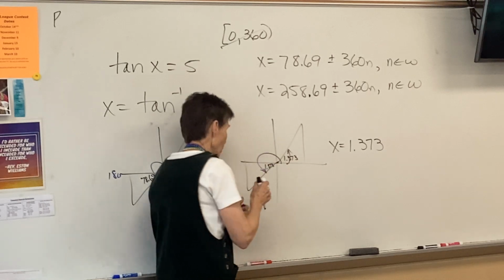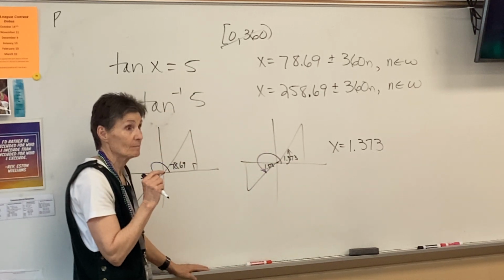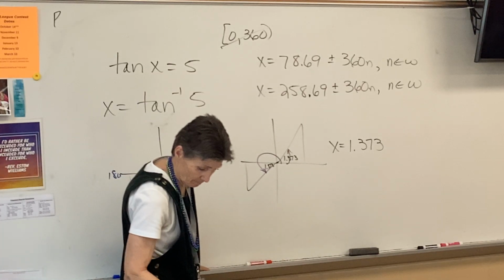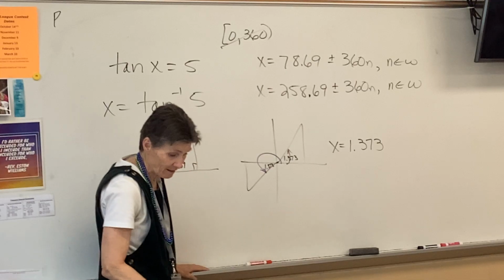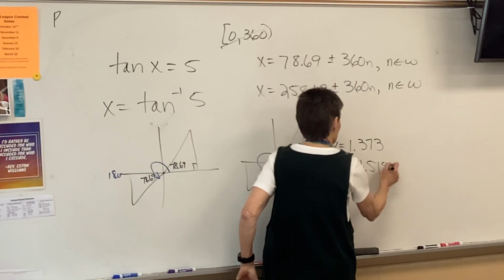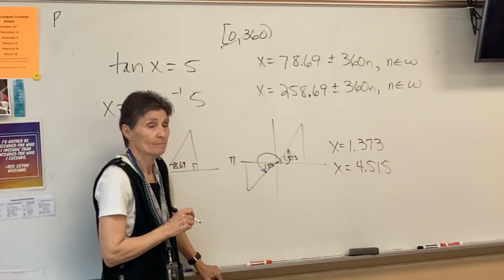How am I going to get the purple one now? Radians and pi. 4.515. Add pi. Pi plus that angle.